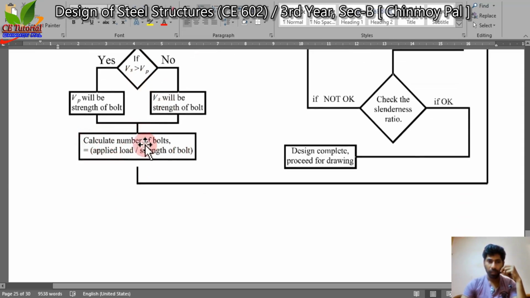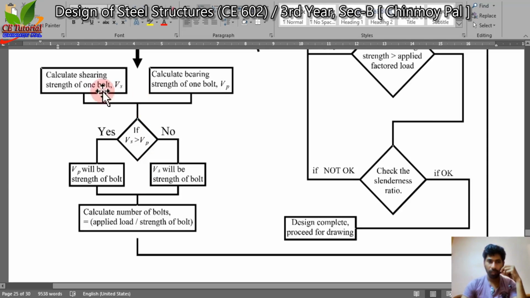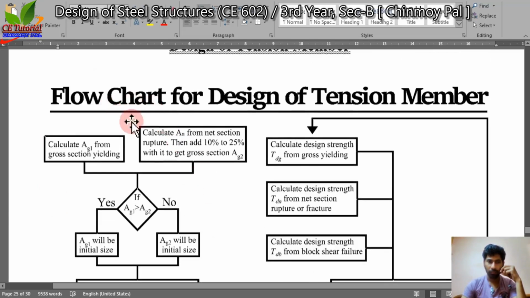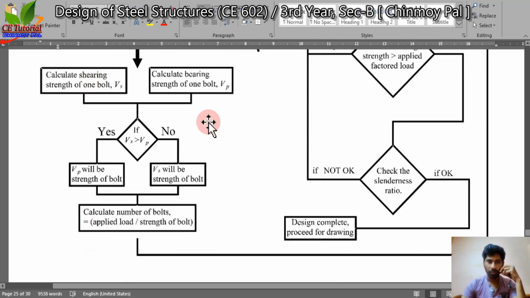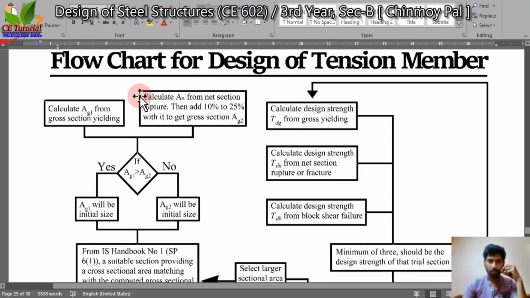Then you have to calculate number of bolts, and please keep in mind this portion you can do at the beginning. That means here you can perform this task. After that you can go for calculating approximate Ag.